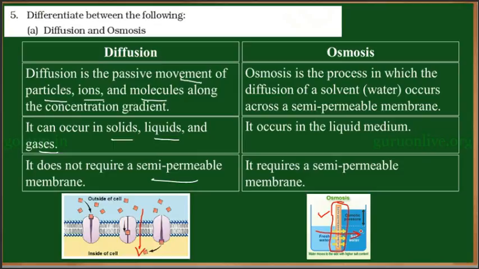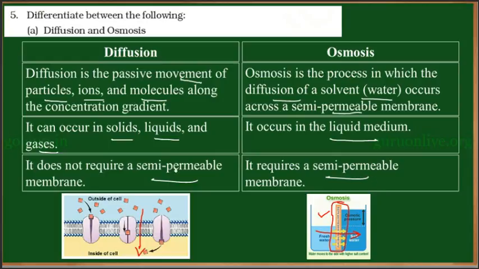And for this diffusion, there is a requirement of a semi-permeable membrane. So osmosis always refers to the movement of water, that is diffusion of water through a semi-permeable membrane. For this movement, it always requires a liquid medium and a semi-permeable membrane.